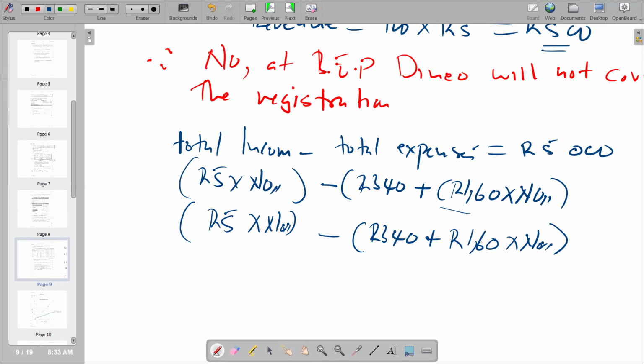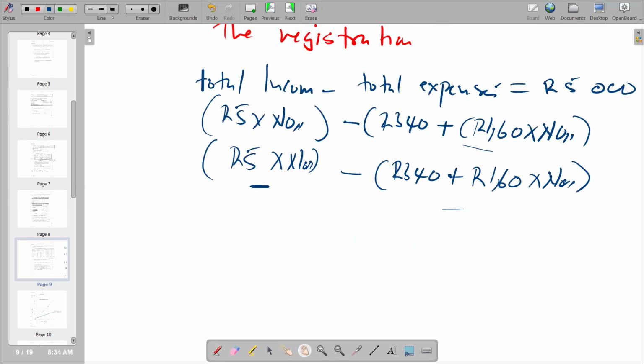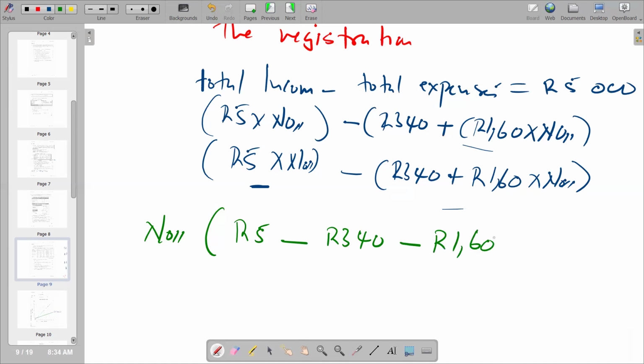We can factor out number, our number of donors, from both sides. In brackets, we have our 5 rand minus 160, and then minus 340.